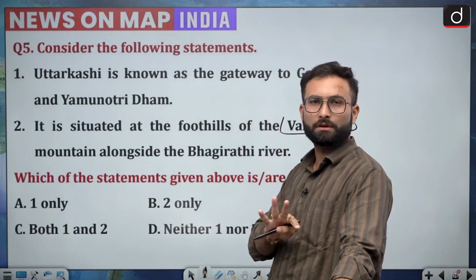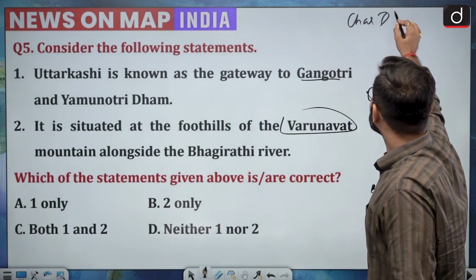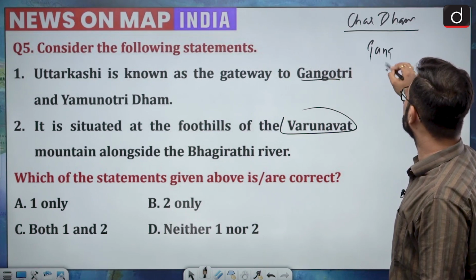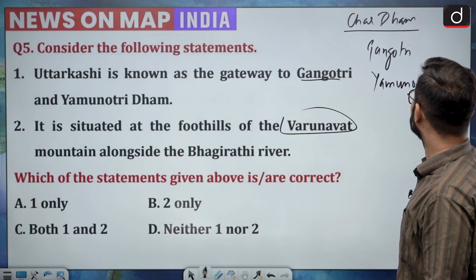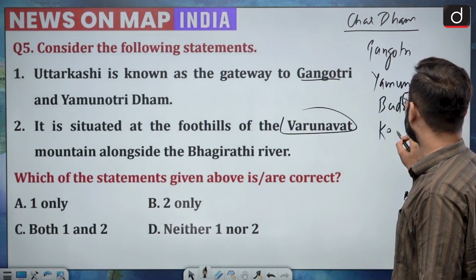We know that there are 4 dhams, which we call Char Dham. So we have Gangotri, Yamunotri, and we have Badri and Kedar.